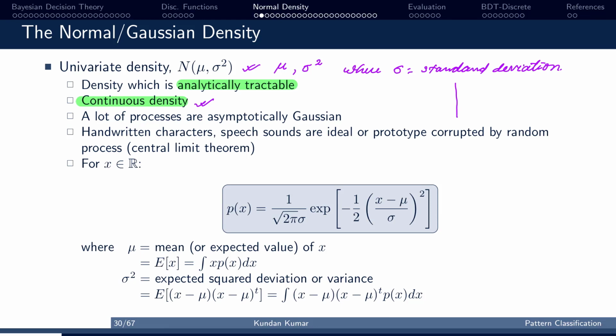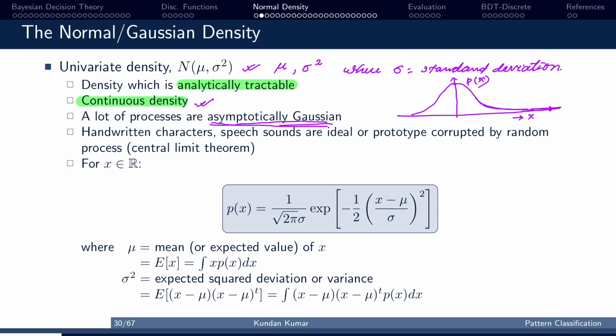That means if the outcome of an experiment follows the Gaussian distribution, then it looks something like this, where on the x-axis is the event and on the y-axis is the probability density. So here the probability of occurrence of the event at this position is not equal to 0. It will be 0 at infinity. That is the meaning of asymptotically Gaussian.